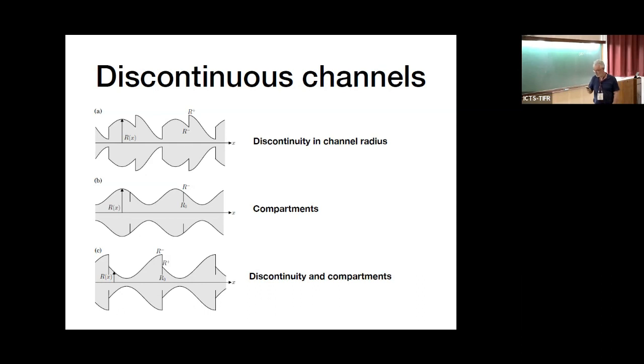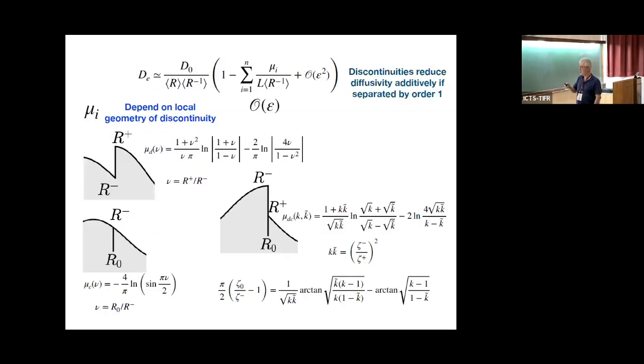Actually, the remarkable thing is that you can show that the reason the second order perturbation theory diverges, as it was done before, is that in this limit where things are sharp and discontinuous, the correction to diffusion is actually order epsilon.